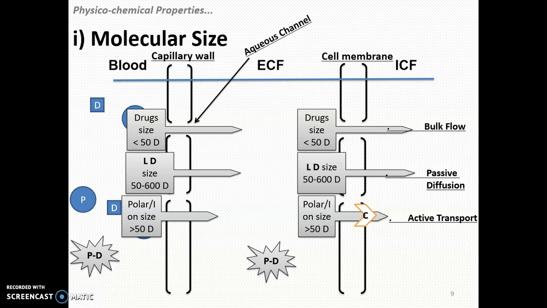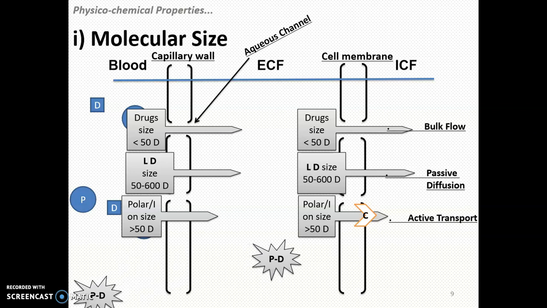Now we may see that drugs may bind with plasma protein in the blood compartment, and because of the increase in the size of the molecule they will not be able to cross the capillary wall. Likewise, if the drug binds with plasma proteins present in extracellular fluid, the size of the drug molecule becomes larger and it cannot cross the cell membrane either.